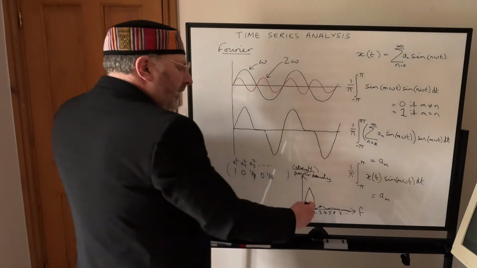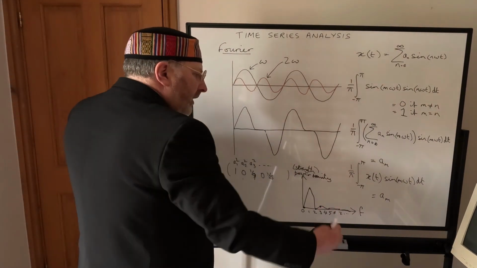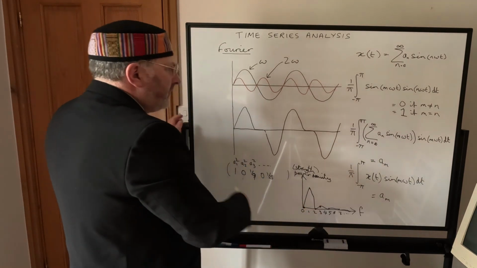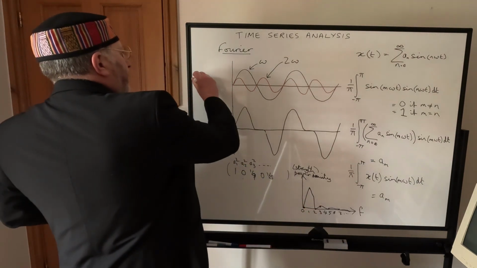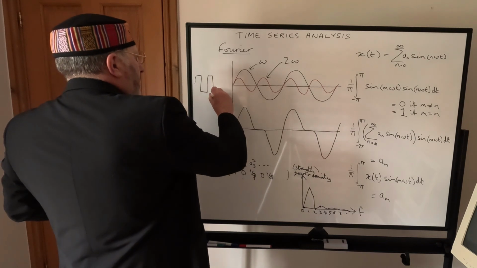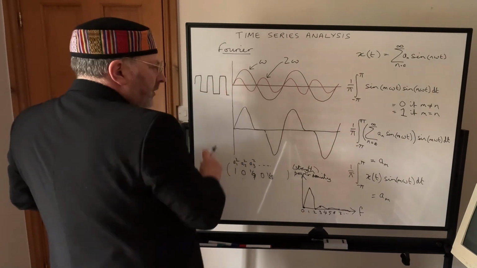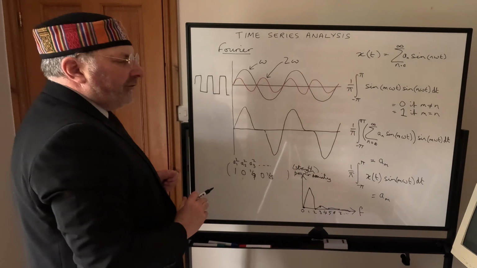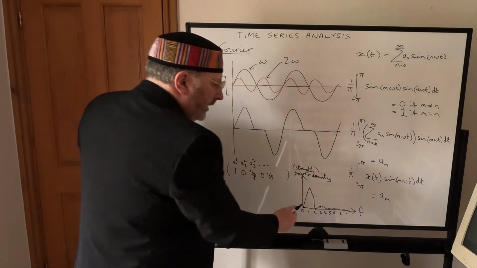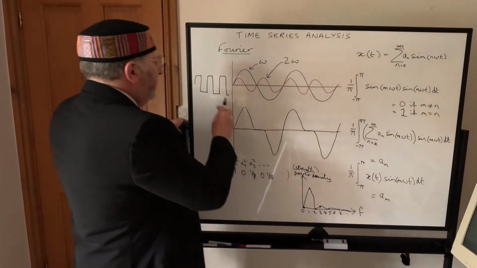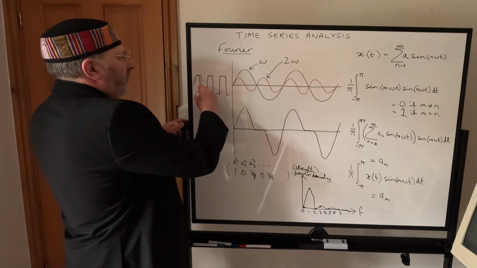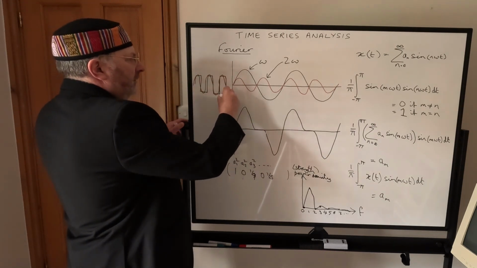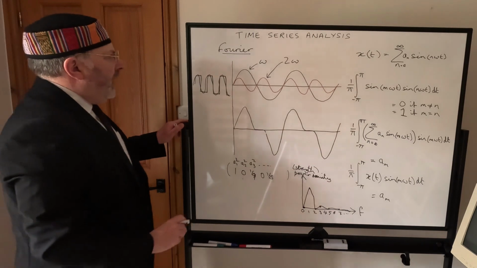So this chart then shows us for our square wave what the frequencies present in that square wave are. And there's this big peak at 1, because that's the basic frequency of our cycle.